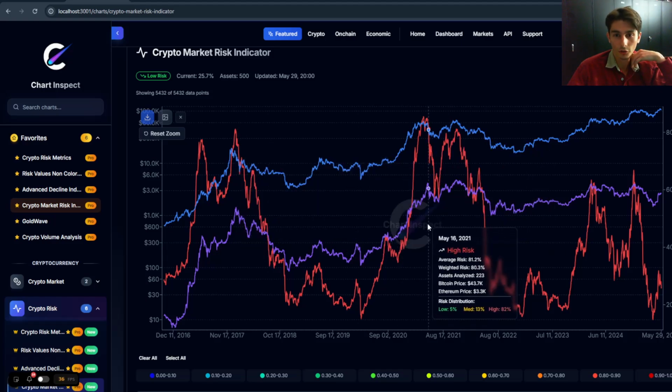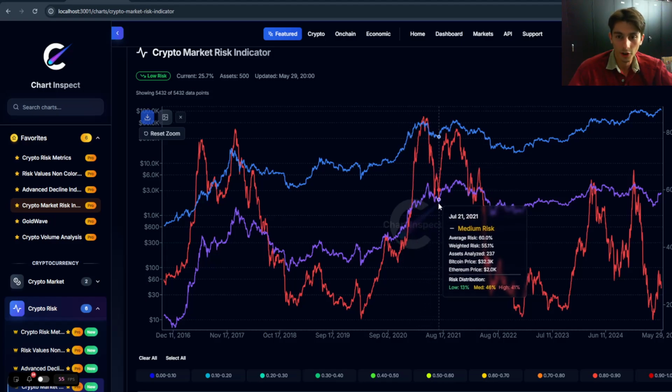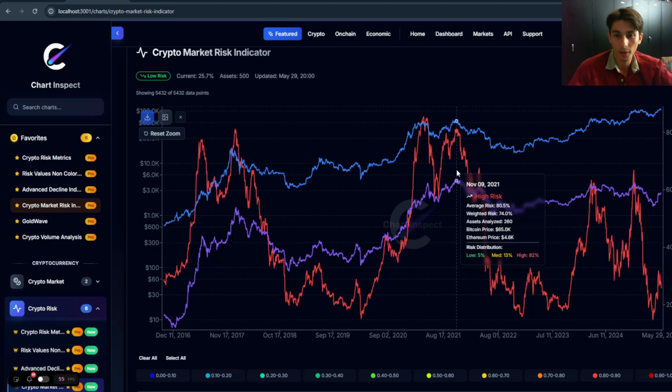Same thing happened in 2021, where we hit the high of 3.7K for Ethereum, and you can see the risk started going up during that time, and then fell back down, and then went back up after we hit around 4.6K for Ethereum.